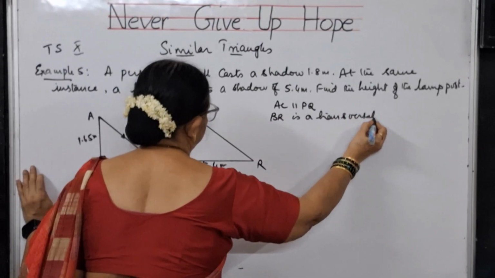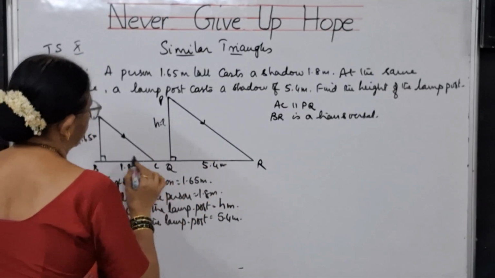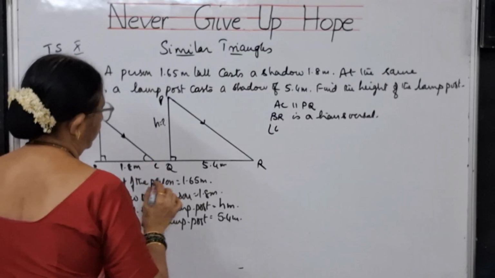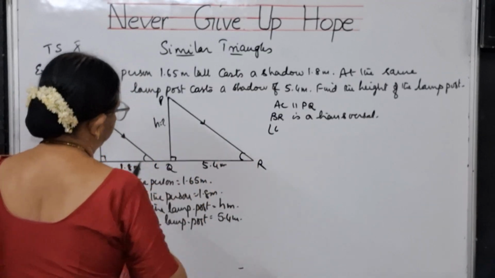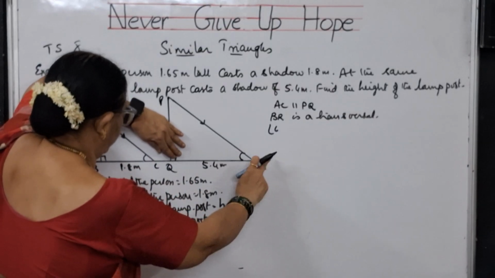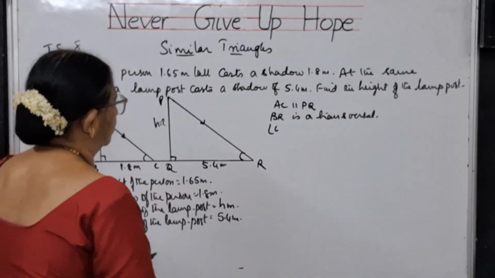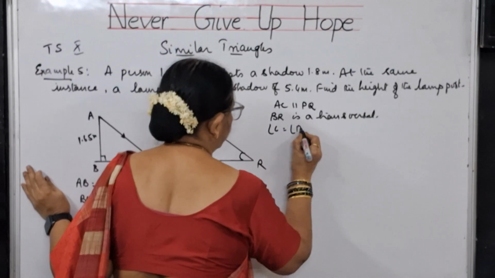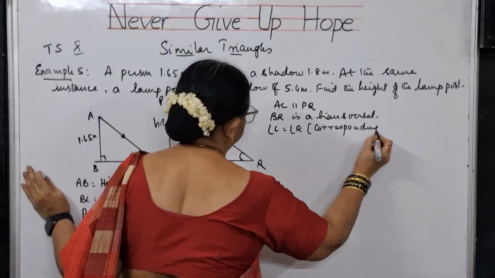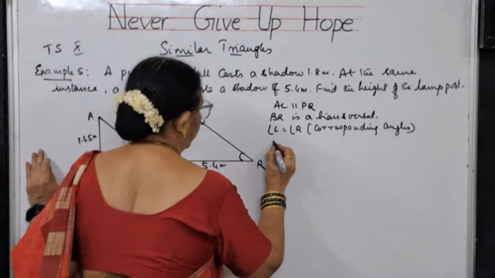If you consider BR as the transversal, these two are parallel lines, then angle C and angle R are corresponding angles. Angle C is equal to angle R.